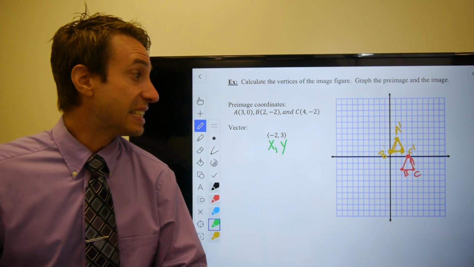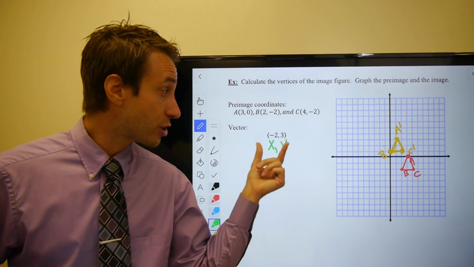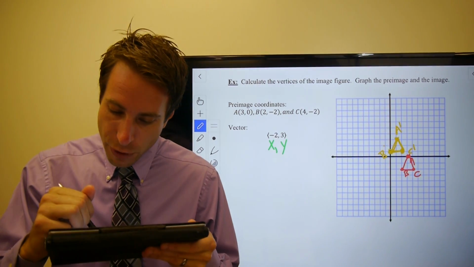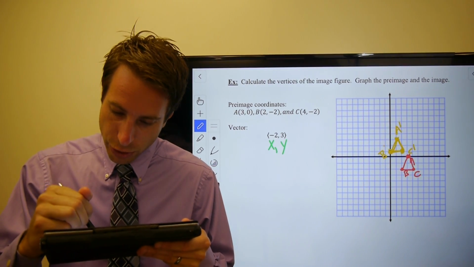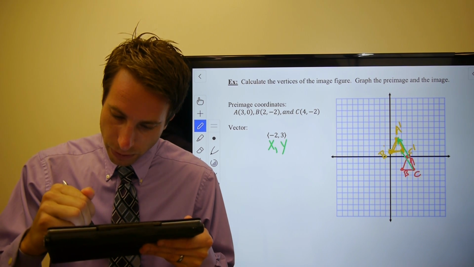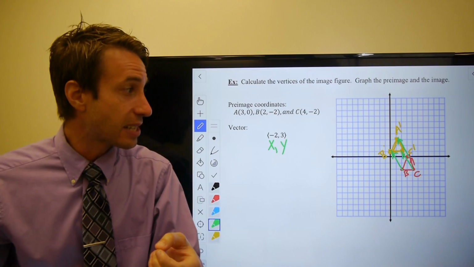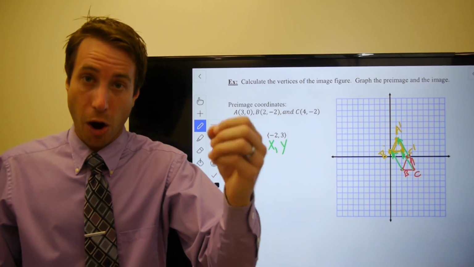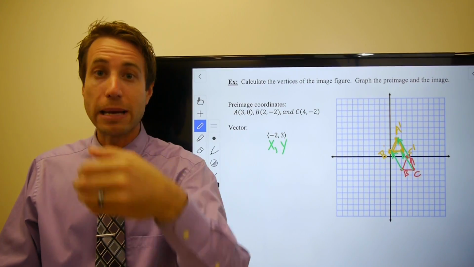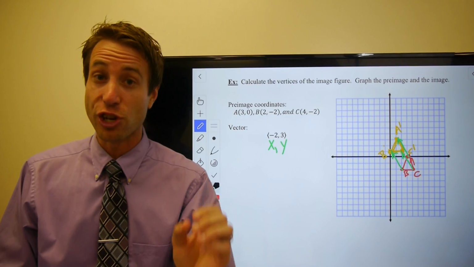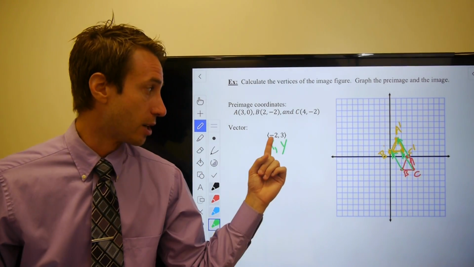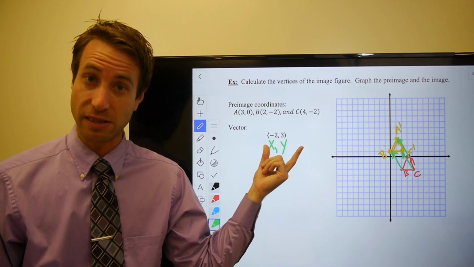And again, they didn't give you the vector. They just gave you the components. But if you were to put it in there, you should see all of those arrows are the same magnitude in the same direction, mapping our pre-image to our image based on the translation, the change in position, (-2, 3), this vector.